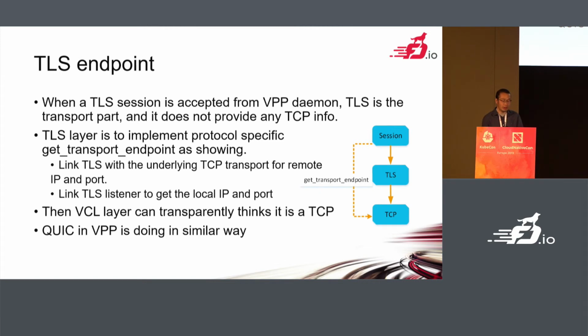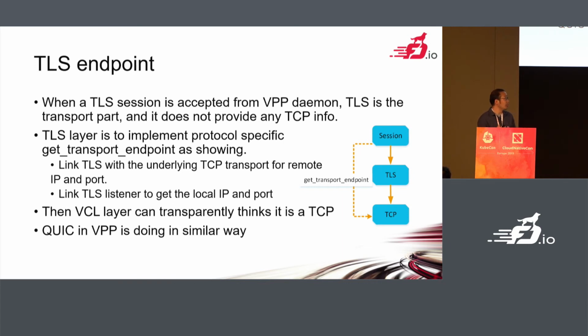Another thing, as I mentioned, is that when TLS is accepted from the VPP daemon, TLS is a transport, but this transport is based on TLS. It does not provide any TCP information. So we also need to implement a TLS endpoint. As this picture shows, the session layer is actually talking with TLS, and TLS relies on the TCP layer.